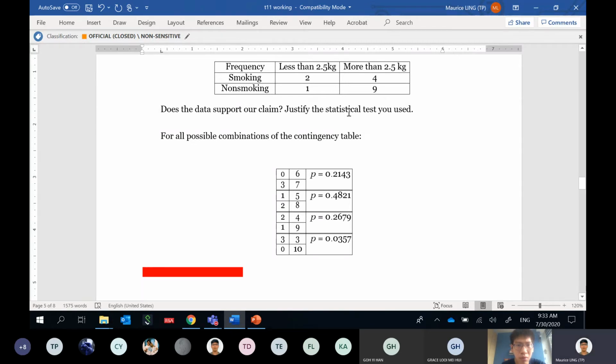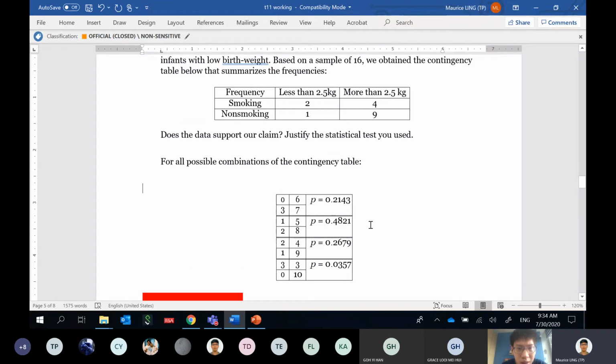Based on this, which one is the probability that you calculate from here? Which are the three that you add up?